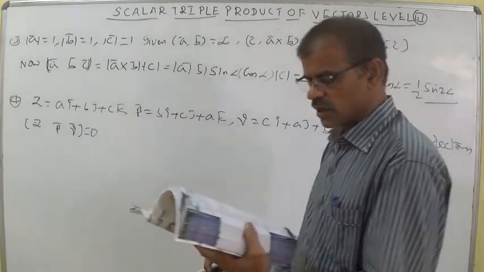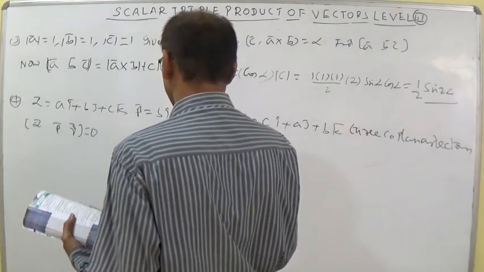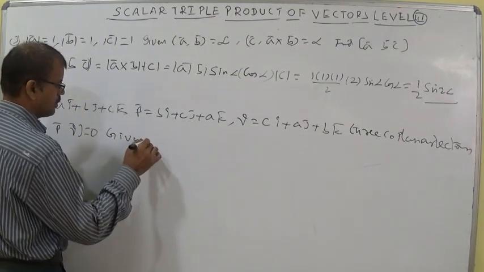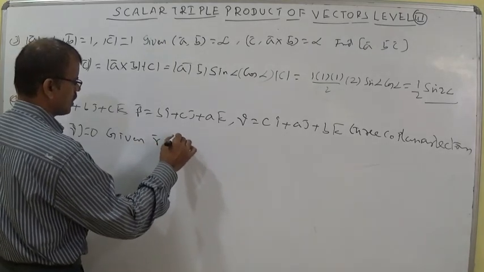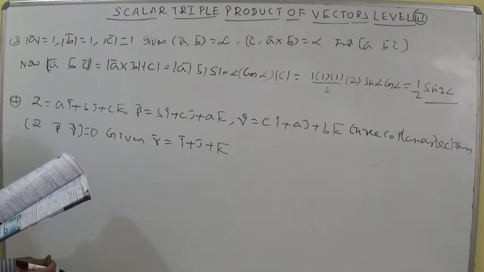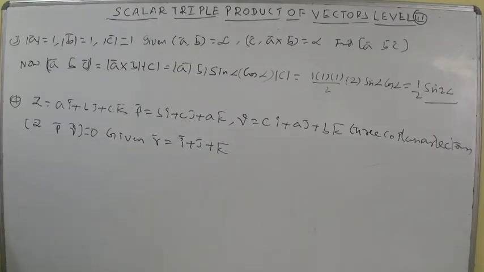And R bar is equal to i plus j plus k given. Then R bar is perpendicular to what? The given value R bar is equal to i bar plus j bar plus k bar. Then R bar is perpendicular to which one?